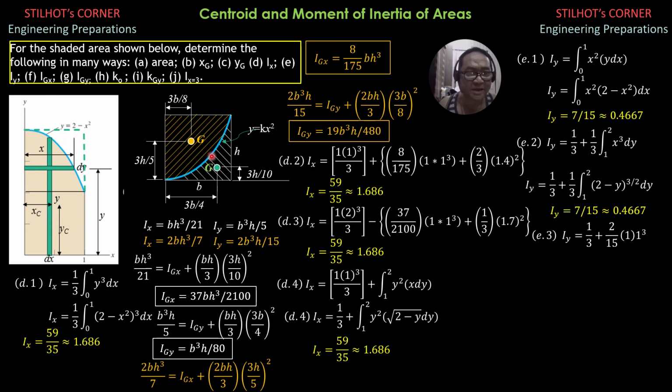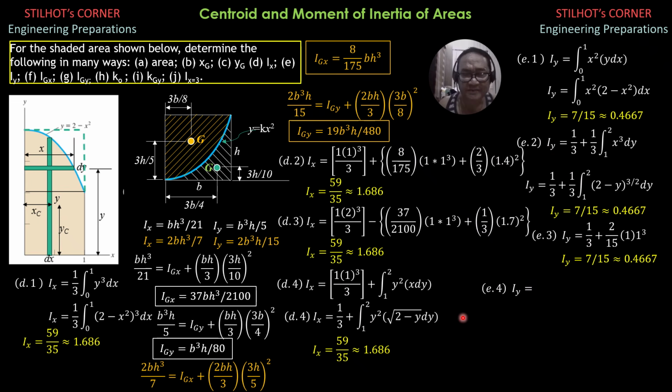IY of this parabola is equal to 2/15 b cube h, where b is 1, h is 1. So IY is IY of square 1/3 plus 2/15 1 cube, or 1 cube 1, still 2/15. Combining, it is equal to IY 7/15 or 0.46667.